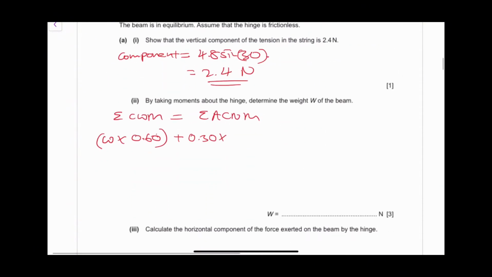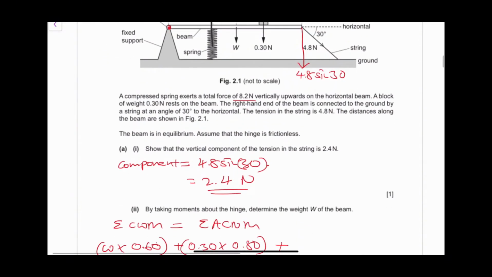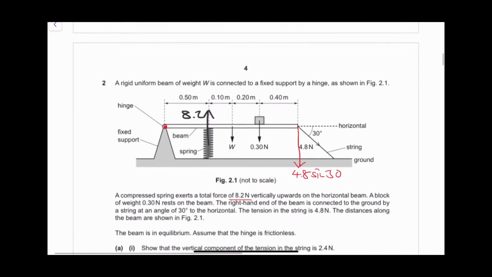So that gives us a total of 0.80, plus another force, which is our tension, 4.8 sine 30, which is actually 2.4. And the total distance, if we add up this whole distance, is 0.5 plus 0.1 plus 0.2 plus 0.4, which is 1.2.